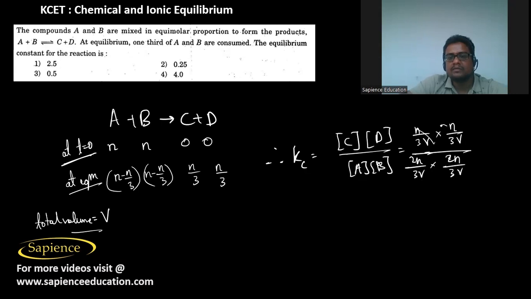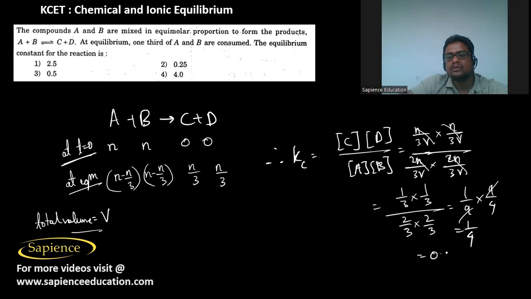So n by V will cancel out. Then it will become 1 by 3 into 1 by 3 divided by 2 by 3 into 2 by 3. So that will be 1 by 9 into 9 by 4, which is equal to 1 by 4, that is 0.25. So the equilibrium constant of the reaction is 0.25. So option 2 is the correct answer.